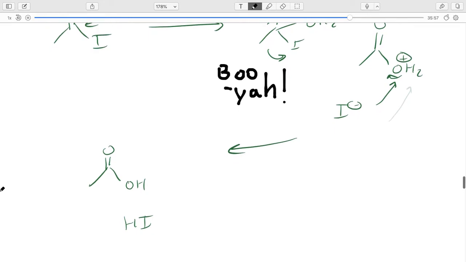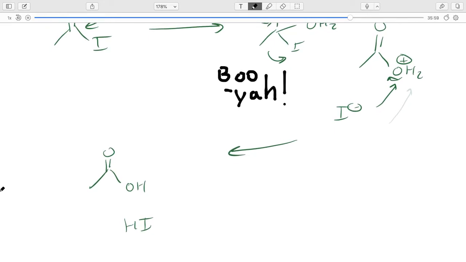Yeah. It really should be water. Oh. Well, yeah, that's because that's what we have. What? Yeah, and also that's what we have in the solution. So yeah, it really should be water, not the hydroiodic acid.